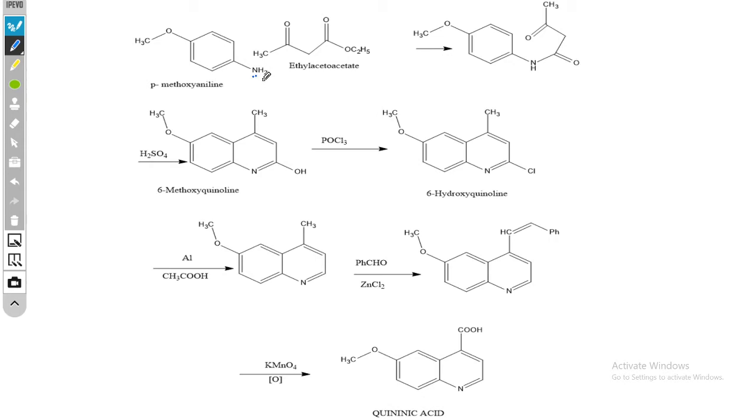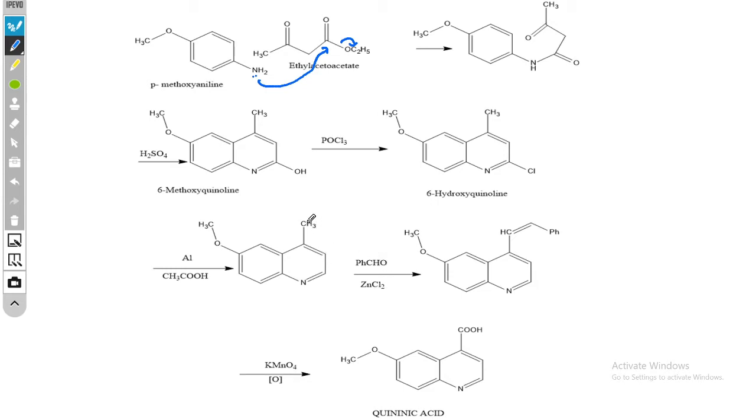First of all, this NH2 group will attack here, and this molecule is eliminated and we have an intermediate like this. Then when it is heated, it cyclizes, and then it is treated with POCl3, and this OH group is replaced by this Cl. Then it is reduced, and this Cl is converted to H. Then it reacts with benzaldehyde in presence of zinc chloride.